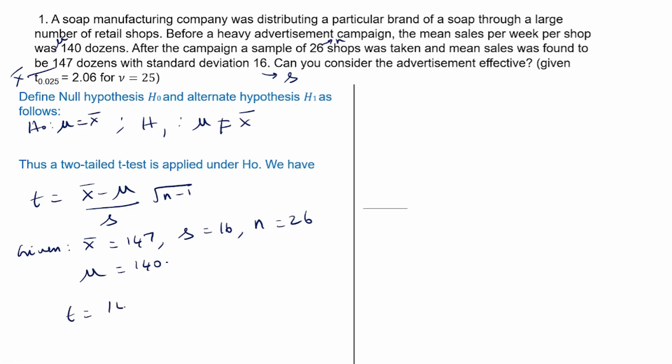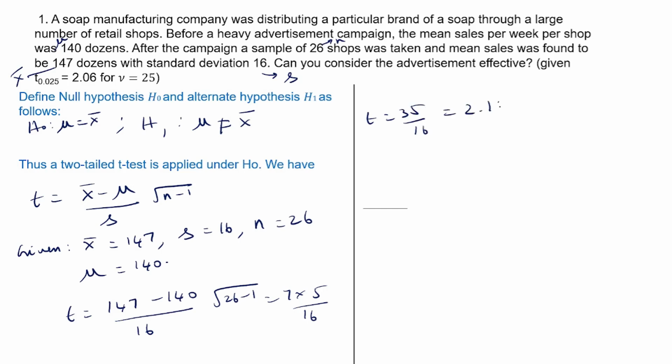So t is equal to 147 minus 140 upon 16 into root of 26 minus 1. So this is 7 into root 25 is 5 upon 16. So we get t is equal to 35 by 16, it is equal to 2.18. So we get the value of t as 2.18.